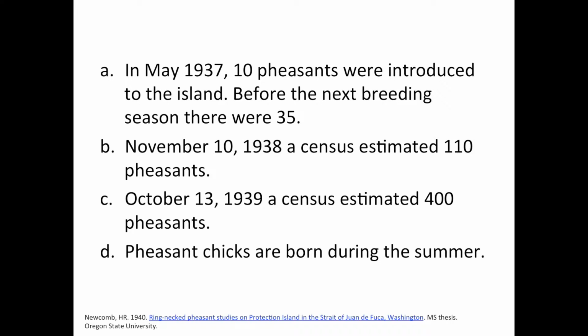On November 1938, a census estimated that there were 110 pheasants. On October 13, 1939, a census estimated that there were 400 pheasants, and pheasant chicks are born during the summer.